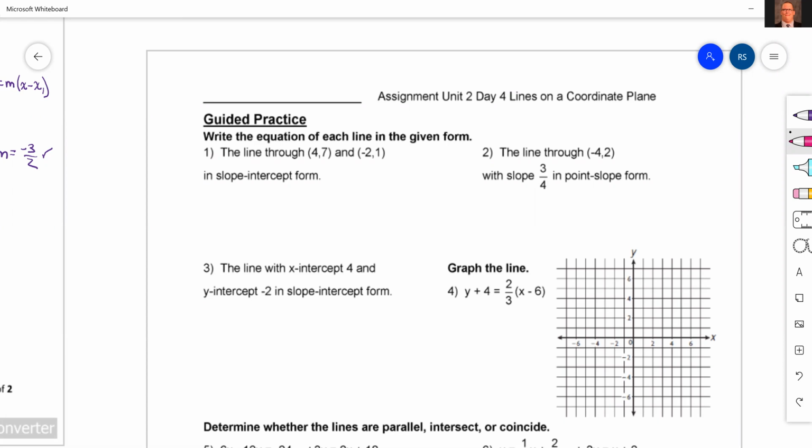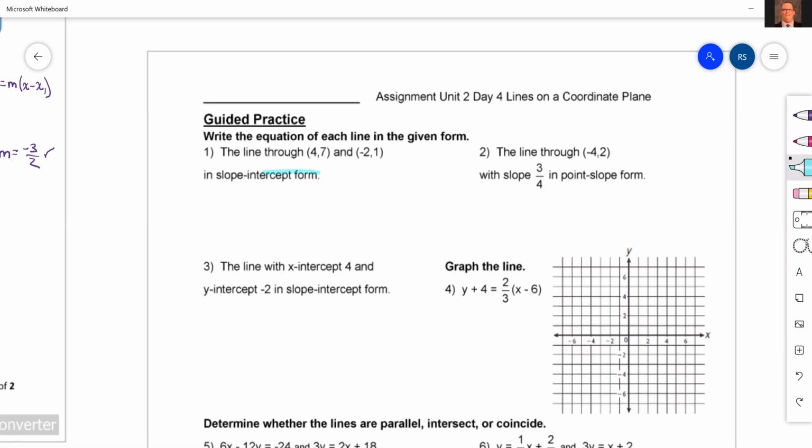So one asks us to do a line through (4, 7) and (-2, 1) in slope-intercept form. Slope-intercept form, that's y equals mx plus b.